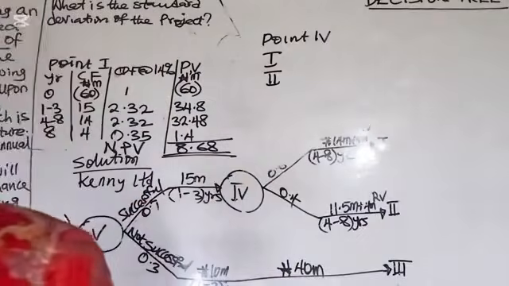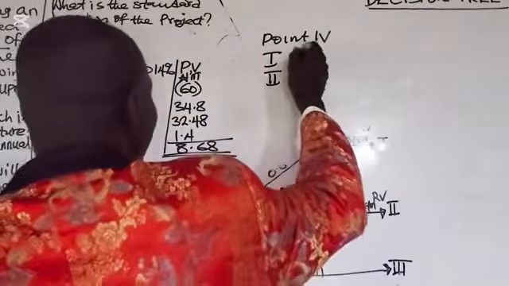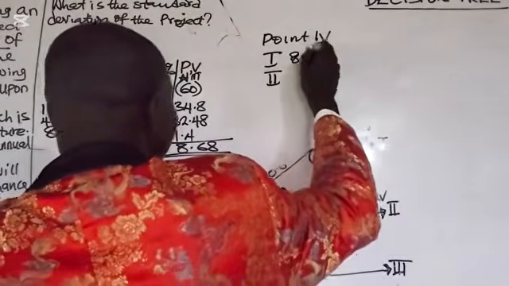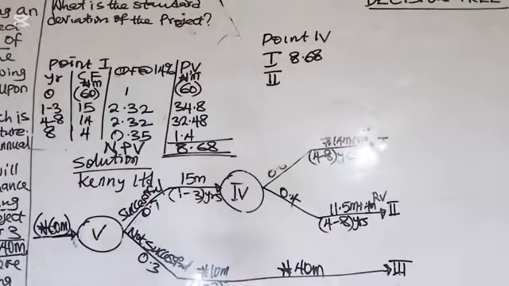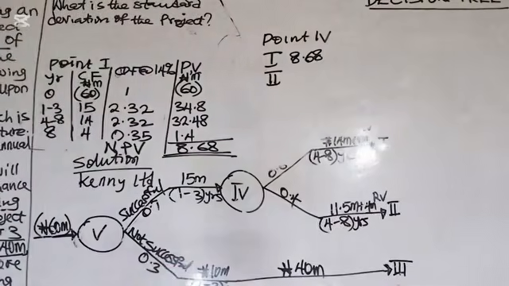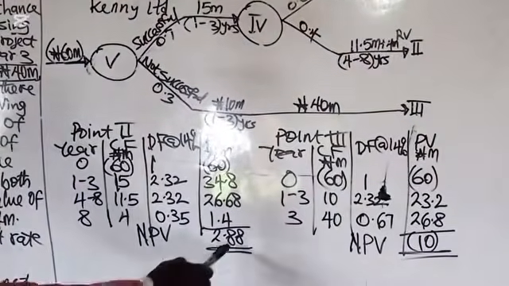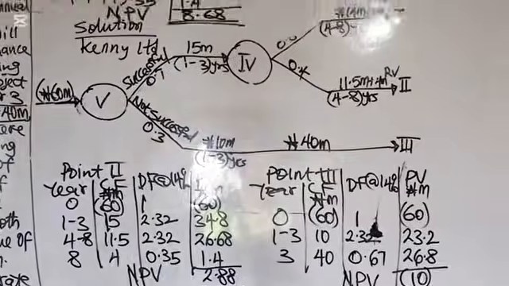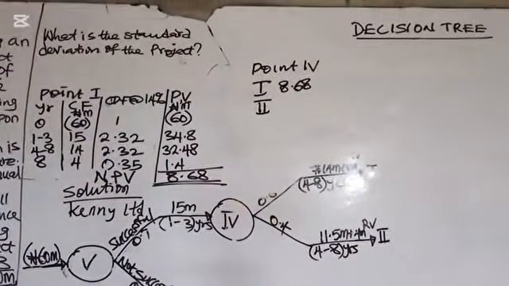At point 1, the NPV is 8.68 as calculated. Therefore, for point 2, our calculated NPV is 2.88.